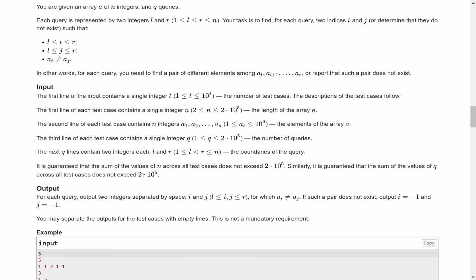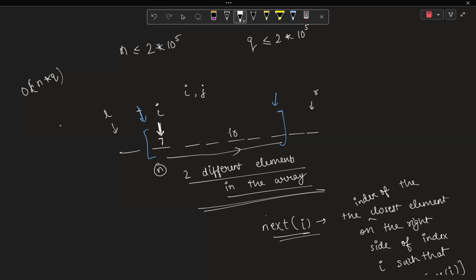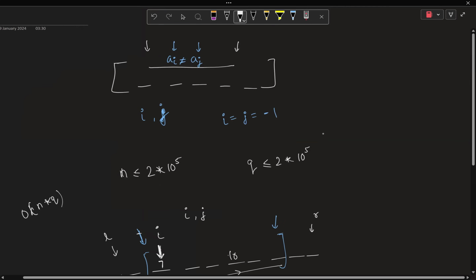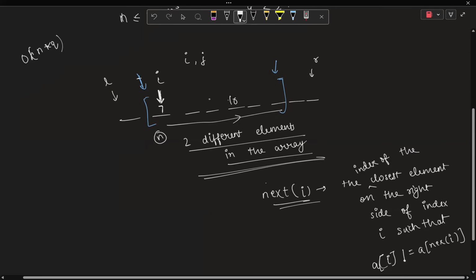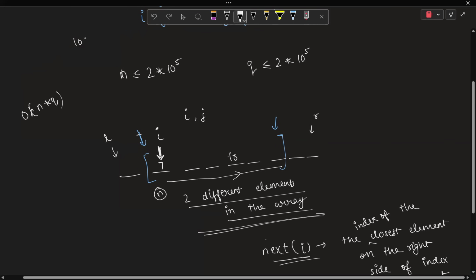N and q can be very huge, 2 into 10 to the power 5 each. So the thing which you are saying will definitely give the correct output, but it is not efficient enough to pass the test cases. That's why we were discussing that for every query you would like to have the answer in big O of log n.